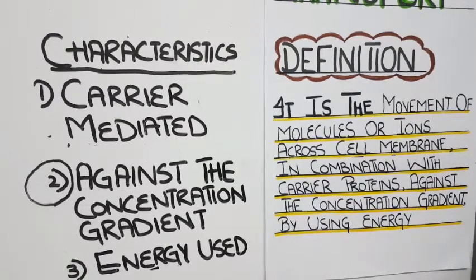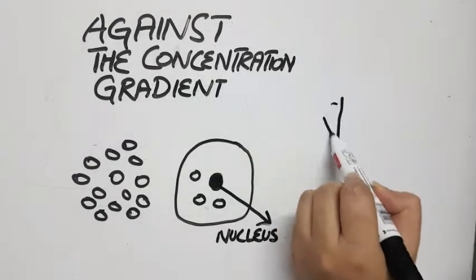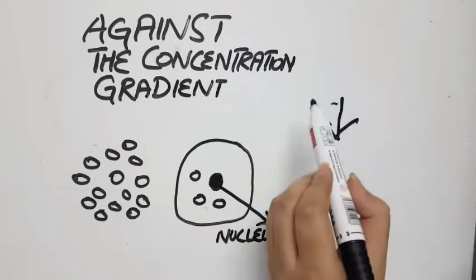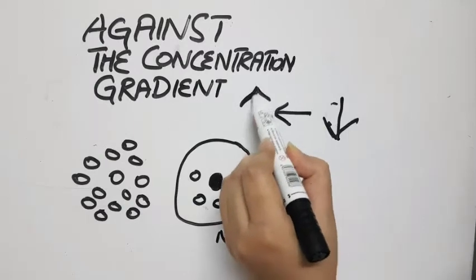And third, in this process, energy is utilized. Against the concentration gradient means movement of molecules or ions from low concentration towards high concentration.